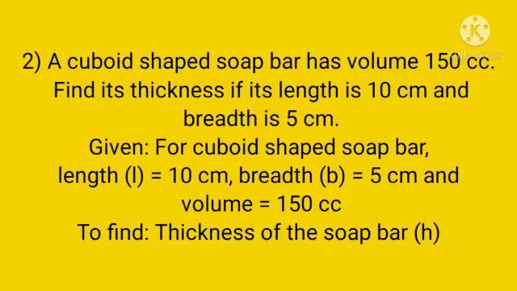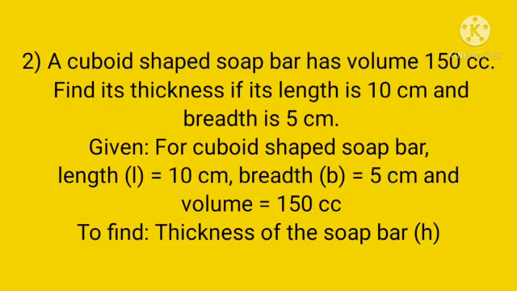Sum number 2. A cuboid shaped soap bar has volume 150 cubic centimeter. Find its thickness if its length is 10 centimeter and breadth is 5 centimeter.